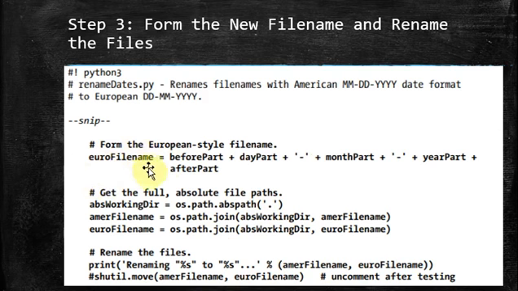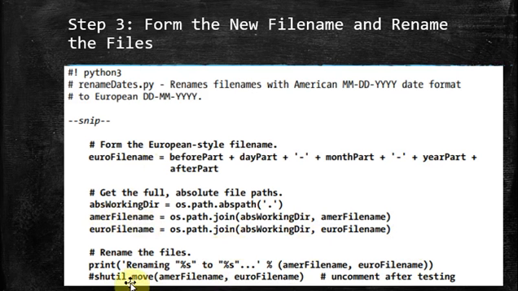Here you have the file name in which the date part has been converted into European style. After that, we have to pass the original file name, which will be in the MR file name, and the new European file name variable to shutil.